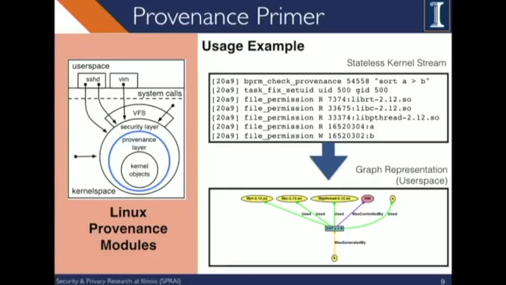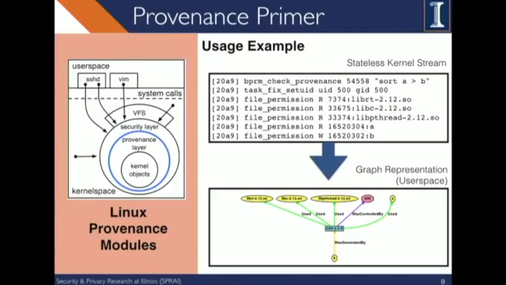And for our purposes today, all we need to understand is that this is an extension to the Linux operating system that establishes a provenance layer within the system, so that anytime either something in user space or something in kernel space attempts to perform any task that manipulates a principal kernel object, virtually anything we can think of, like files, packets, processes, disk partitions, and so on and so forth, we're able to record it.